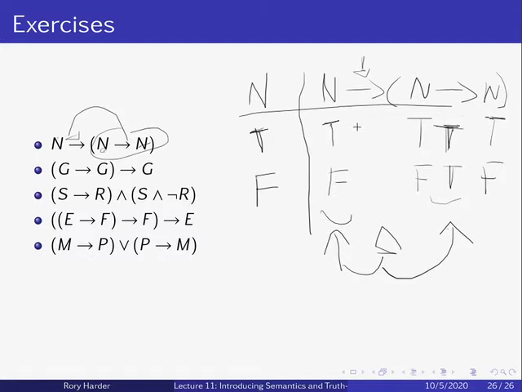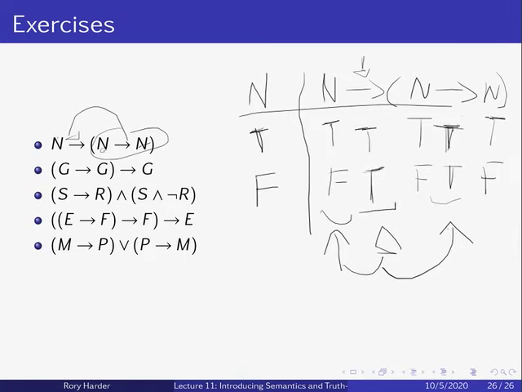Again, the conditional is true in all cases except where the antecedent is true and the consequent is false. And here we see that neither of these cases is one in which that holds. So in both of these cases, the entire sentence is true.